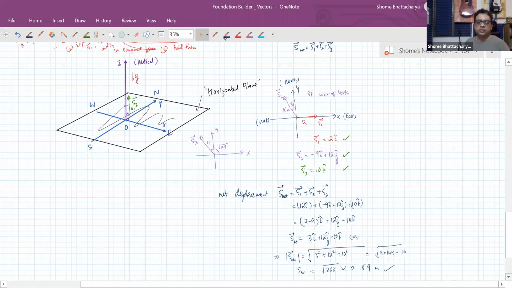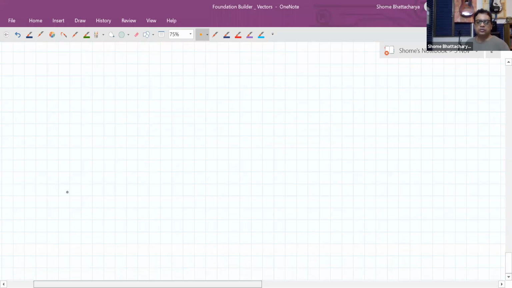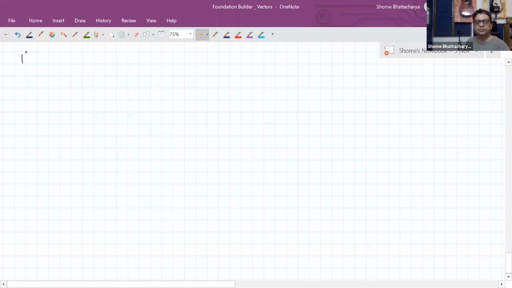Okay, so that is about your three-dimensional vectors. As a quick example, we'll just do one more question. So let's say P is i cap plus 2j cap minus k cap.